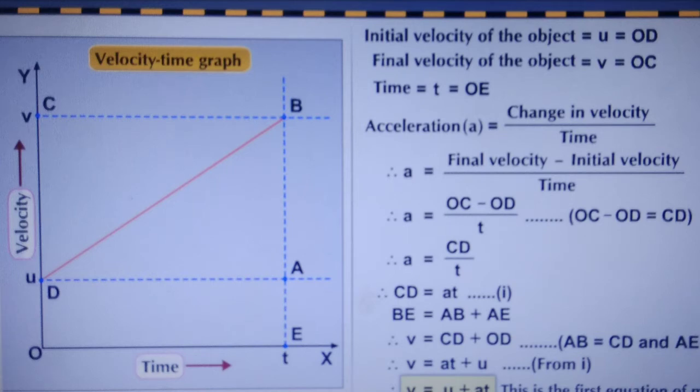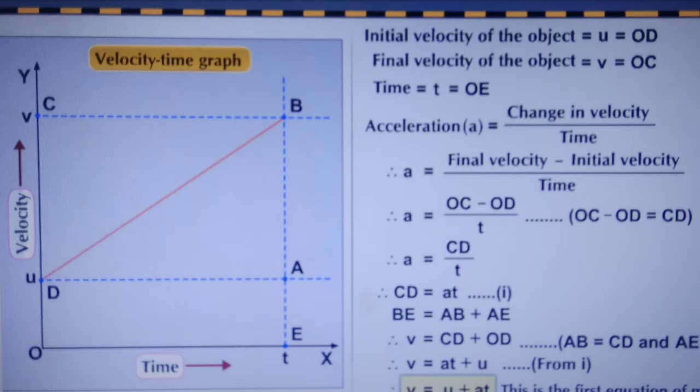And the final velocity of the object is denoted by small v. In this velocity-time graph, small v is denoted by OC. That means the distance from point O to C is denoted on the y-axis by small v, and therefore the final velocity of the object is v = OC.